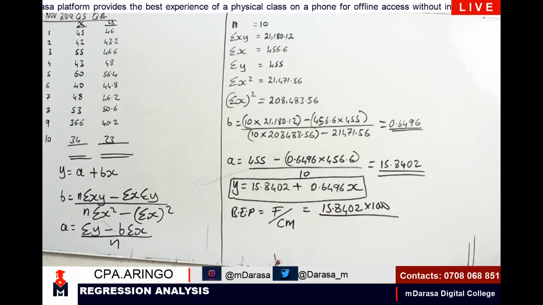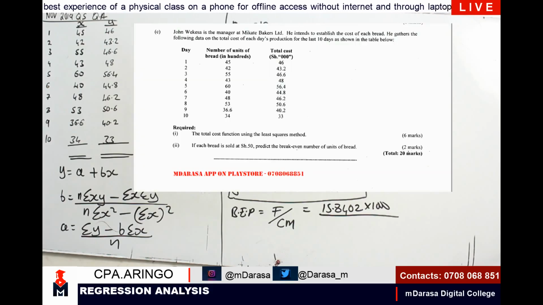And in our case, selling price, let me share the question. The examiner here had given us a selling price of 50. The big question that you should ask yourself is, what will be your variable cost, my good students?